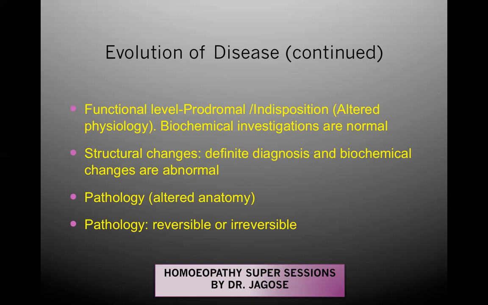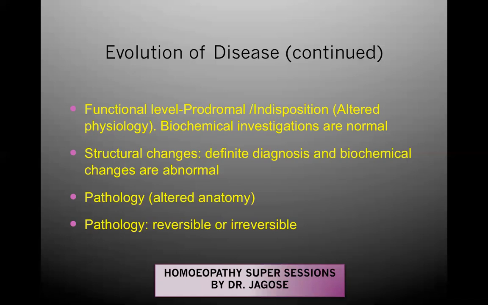And if we do the investigations, say for example, biochemical investigations or other investigations as per the case, we can definitely come to know what is wrong with the patient through these tests and also through the history of the patient. So out here, the structural changes are there, and the symptoms exhibited again will be common, or they'll be intermingled with a few characteristic symptoms. And at this stage, the definite diagnosis can be made.